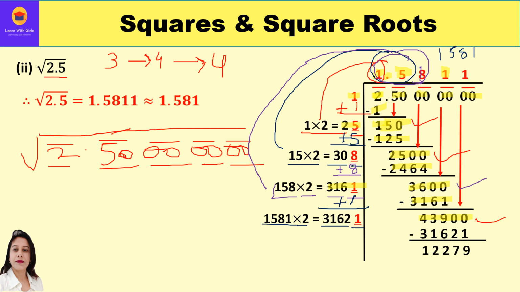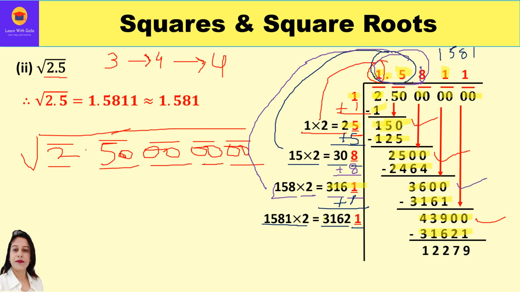So that when I multiply by the same number, I get a product which is equal to or less than 43,900. So if I keep 1, this is pretty close to this number, our new dividend. So I get a product that is 31,621, which is less than 43,900.